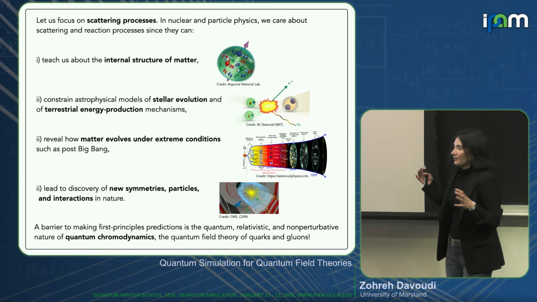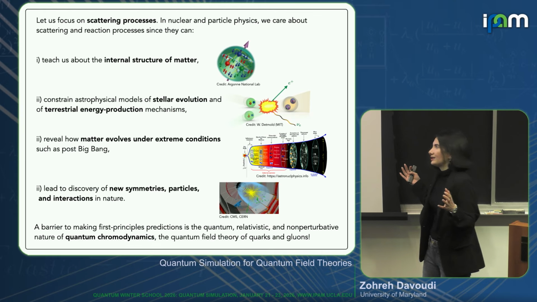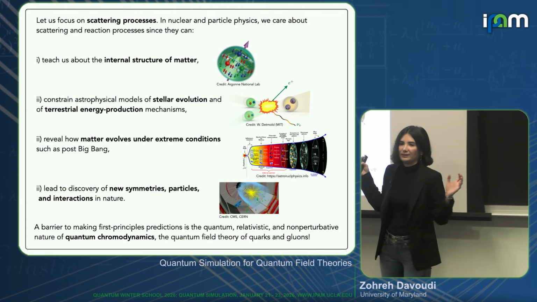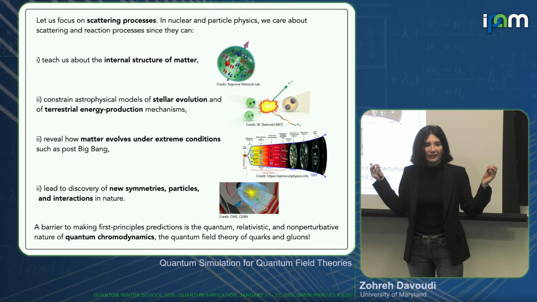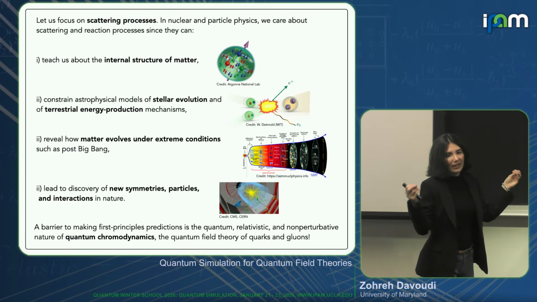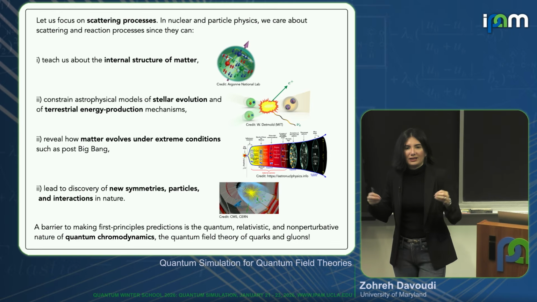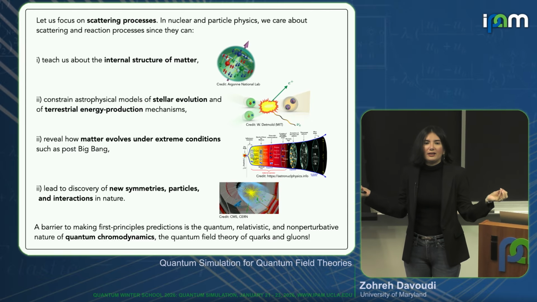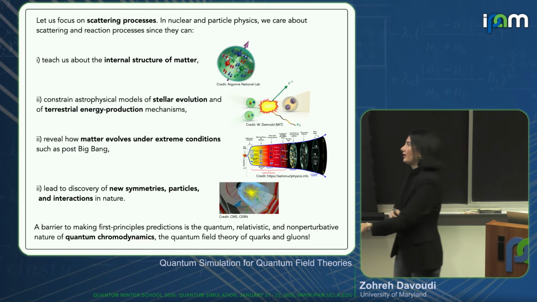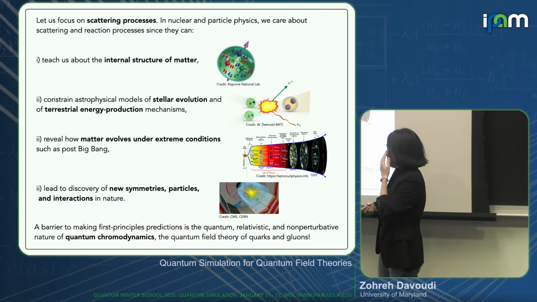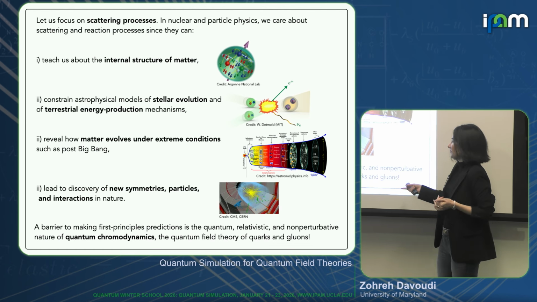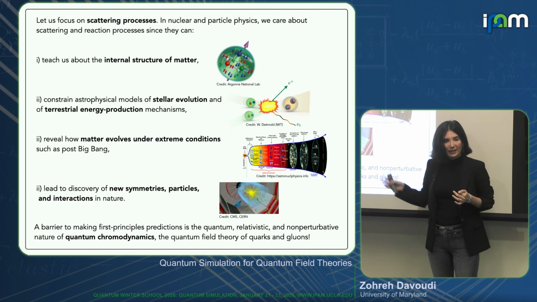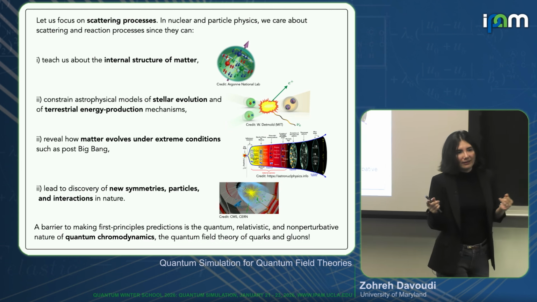Okay, so these are some of the most fundamental questions that people in the field of nuclear and particle physics are after. Really understanding the underlying structure of matter, all the way down to constituents that we don't even know exist, but we're trying to find them, okay?